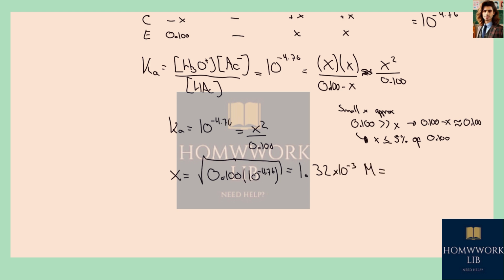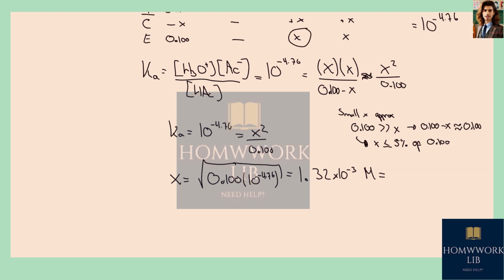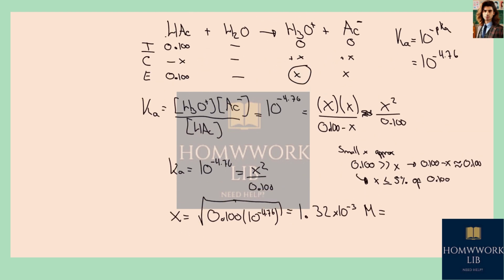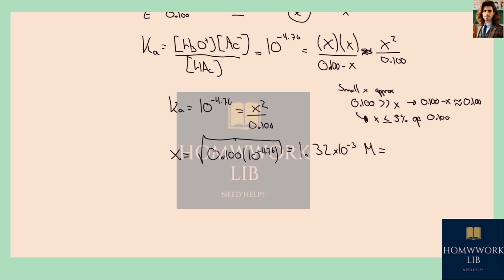And what is this value of x? This value of x is the same as the equilibrium concentration of hydrogen ion. Thus, the pH, which is minus the logarithm of this concentration, would be equal to 2.88.